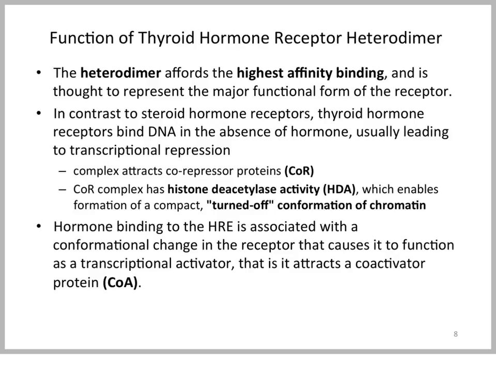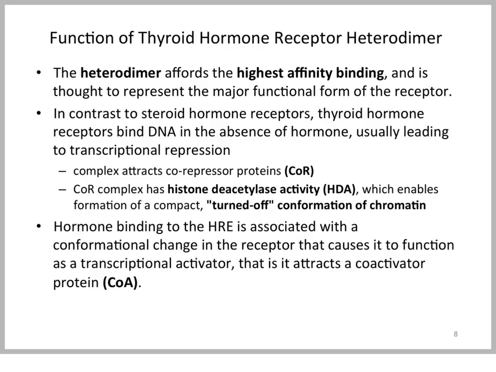So this leads to repression of the activity of whatever gene is associated. So that means, if you go back to the previous slide, it's attracting a co-repressor. And that co-repressor complex has what's called histone deacetylase activity, which by altering the conformation of chromatin can basically turn it off.